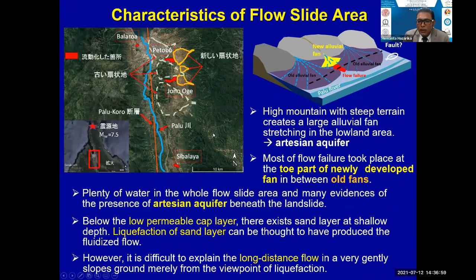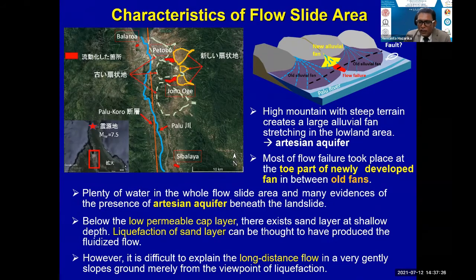So this is probably one of the reasons why this area failed. And we also confirmed the presence of an artesian aquifer and a low permeable cap layer, and liquefaction of the sand layer below those cap layers can be thought to have produced the fluidized flow.